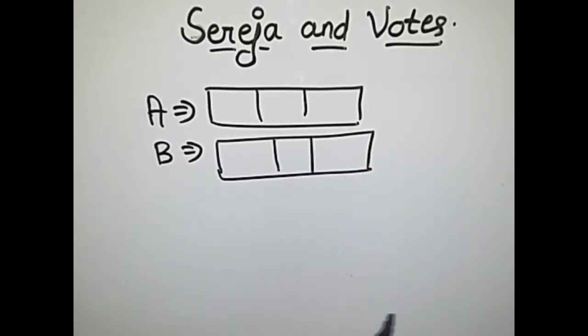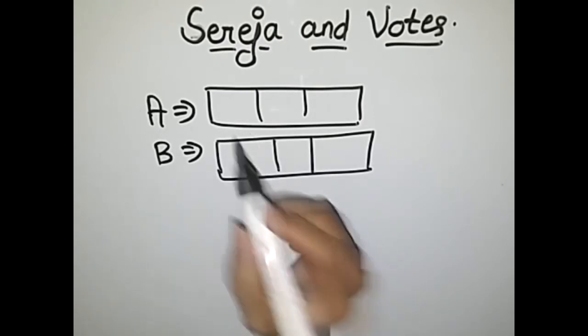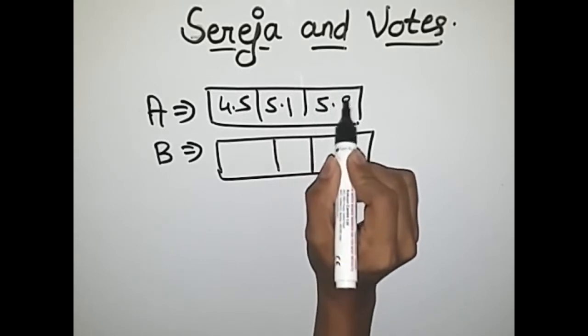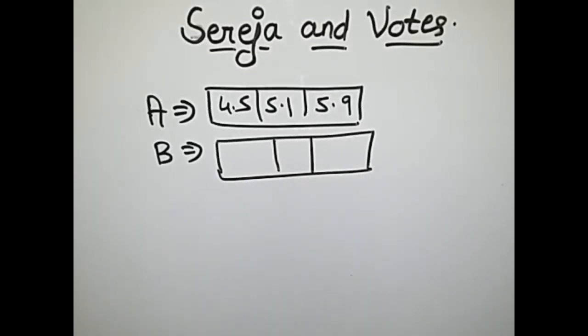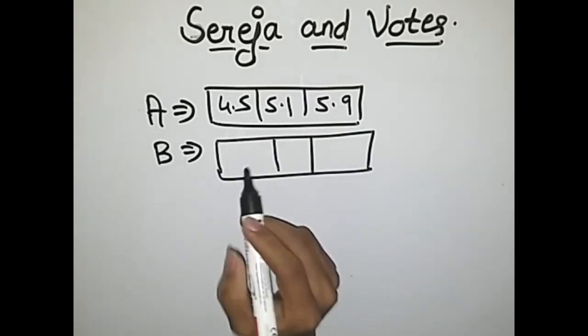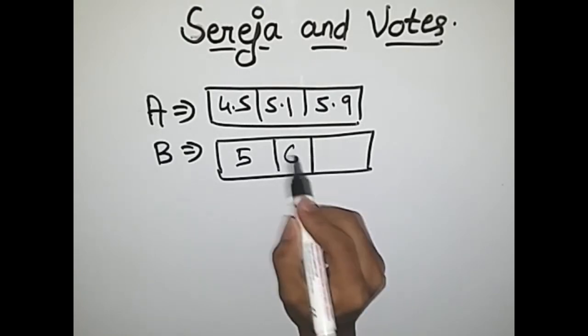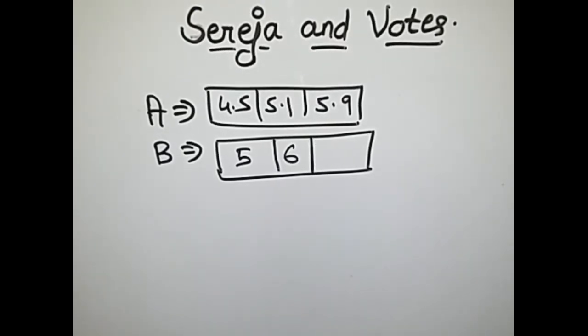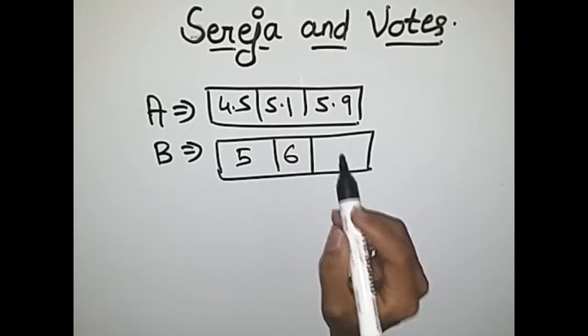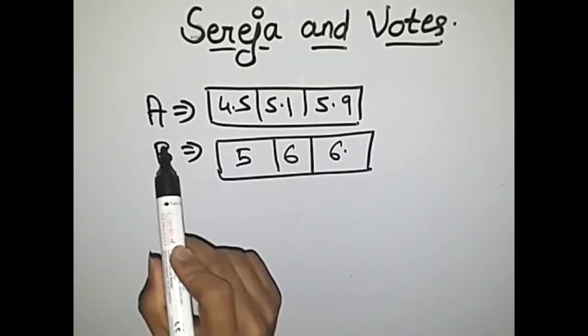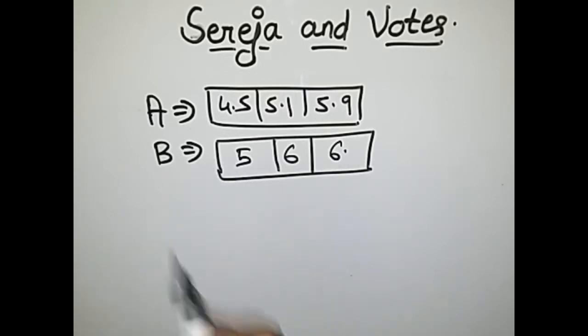In array A there will be floating point numbers, and array B will consist of the same elements just rounded off to the next integer, like 4.5 will become 5, its next integer value. 5.1 will become 6, it won't become 5 because we want the next integer value. 5.9 will also become 6. So this is what is given in the sum: an array A with floating points and array B with the values rounded off.